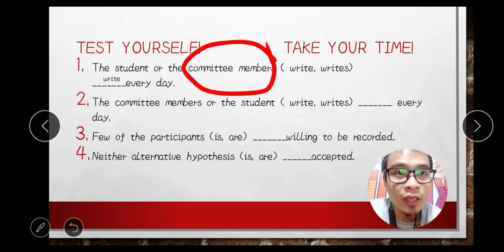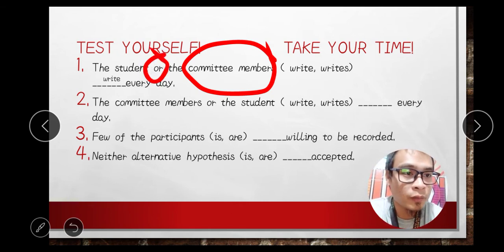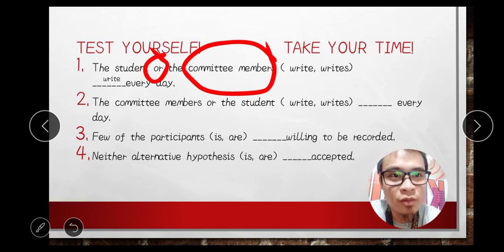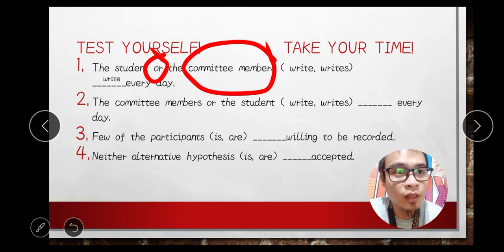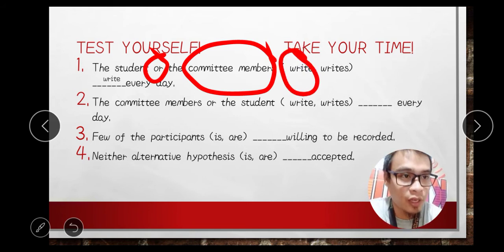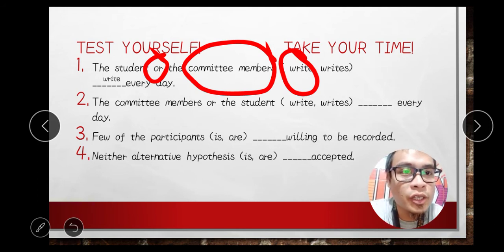Remember, guys, that whenever we use or, the nearest subject is the one we agree the verb with. That is why members write every day. Committee members, that's plural, so therefore our verb is plural, the base form of the verb write. Okay. Number 2 is committee members or the student.